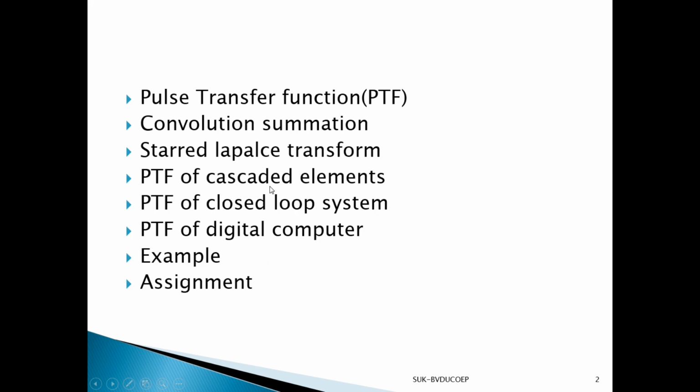You have done the transfer function in continuous time also, cascaded element or closed loop transfer function and all these things. So in that line only we have decided to understand. Though it is mathematical, the steps are clear, so it can be understood once you understand the correct steps, and you will have to do the practice.